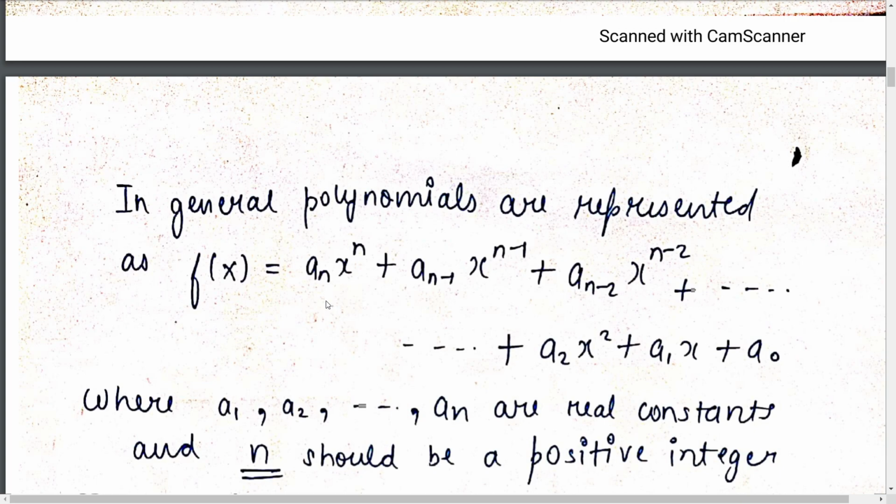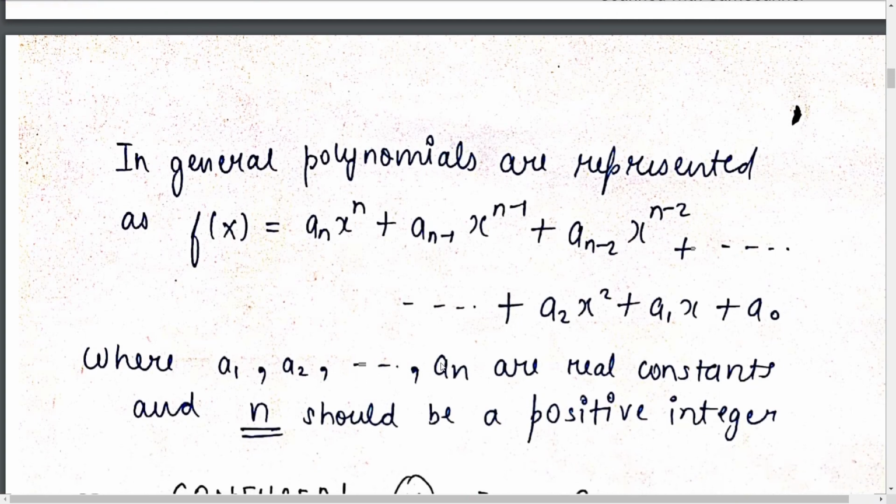Polynomials are represented as f(x) equal to a_n x to the power n plus a_(n-1) x to the power n minus 1, similarly continuing till a_2 x squared plus a_1 x plus a_0, where a_0, a_1, a_2, a_n are real constants, meaning they are real numbers, and n should be a positive integer.